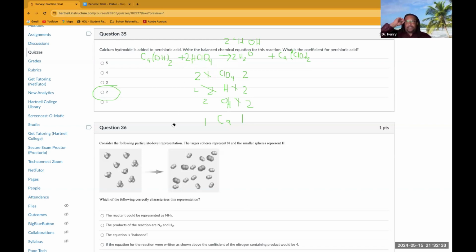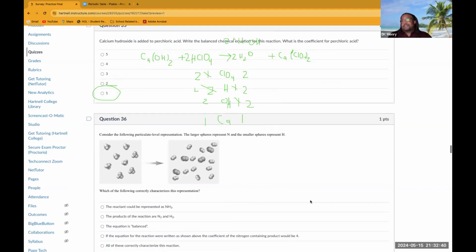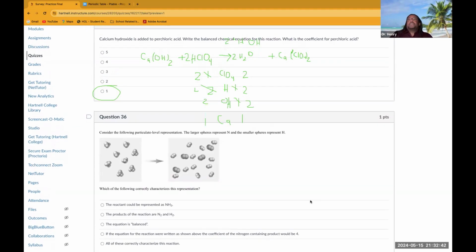Okay, number 36. It says, consider the following particulate level representation. The larger spheres represent nitrogen, the smaller spheres represent hydrogen. Which of the following correctly characterizes the representation? A, the reactant could be represented as NH3.